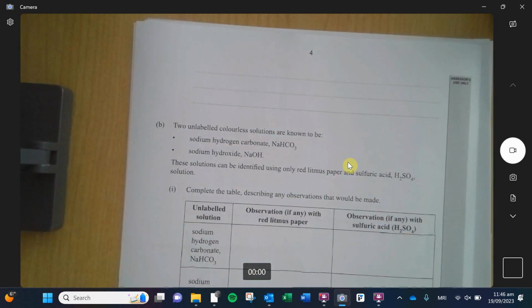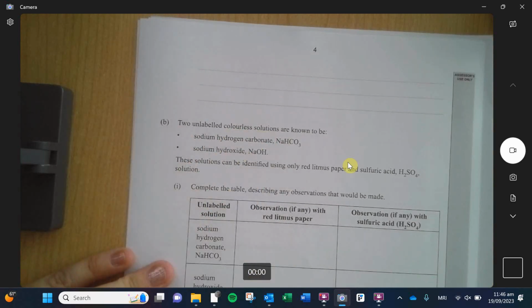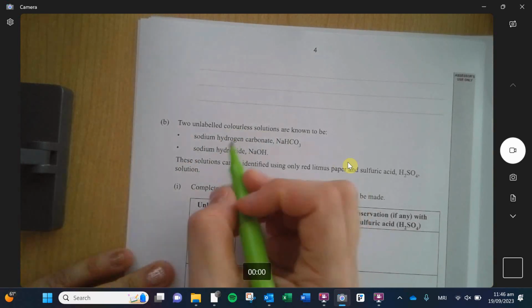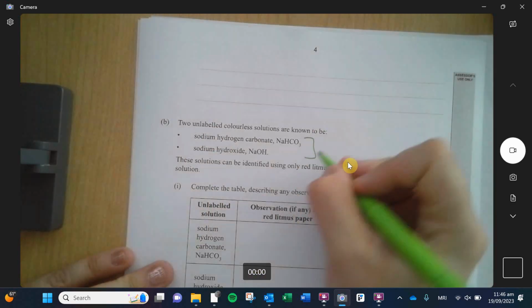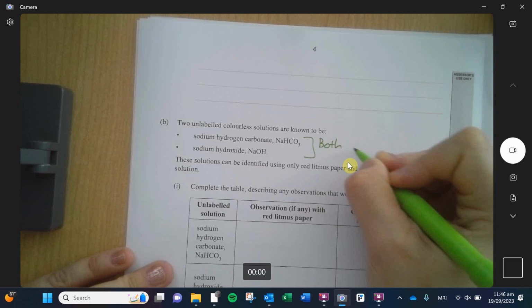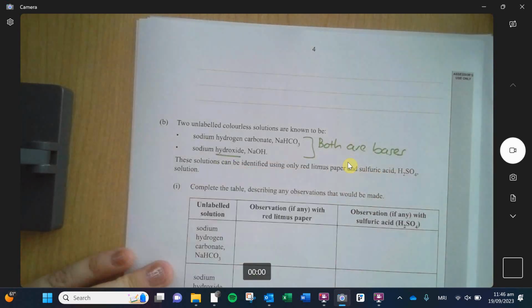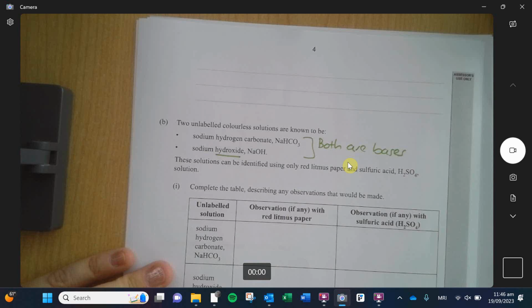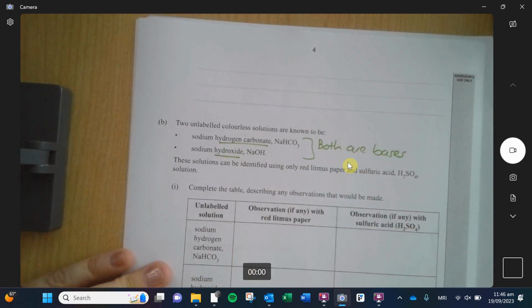All right. So some things to keep in mind when we're looking at this is we have 2 unlabeled solutions. I've taken this from the 2020 exam. They have sodium hydrogen carbonate and sodium hydroxide. Both of these are bases, because I know hydroxides are a base, and I also know that hydrogen carbonates are a base and carbonates are a base.